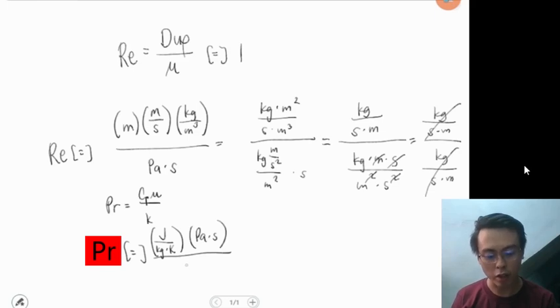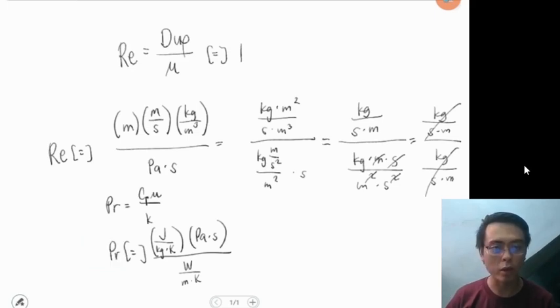Thermal conductivity is watts per meter per Kelvin. This is a little bit more of a challenge, because we are now introducing the units joules and watts. But if you can solve this problem, then you will not have any problem with dimensionless quantities.